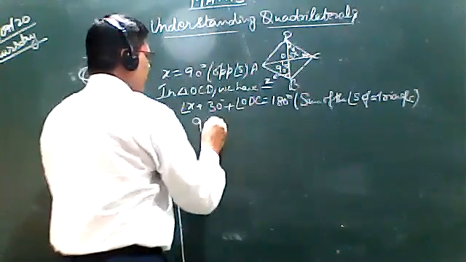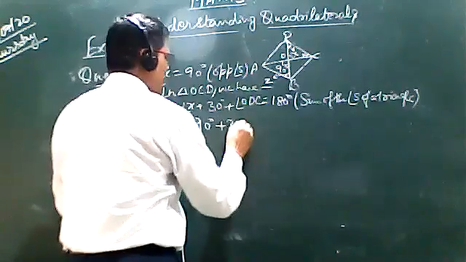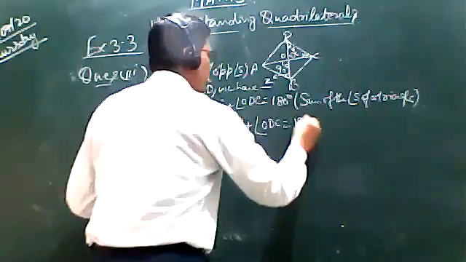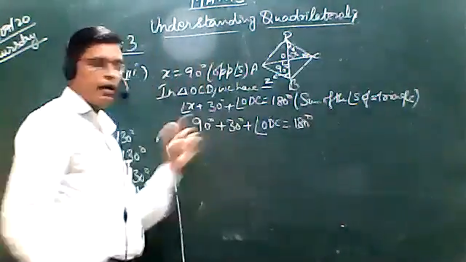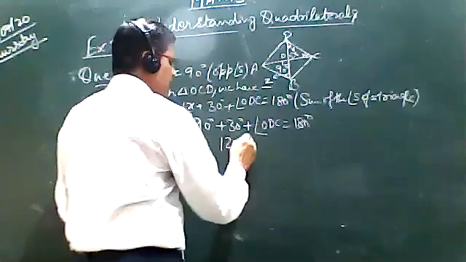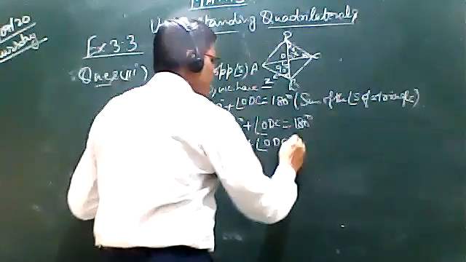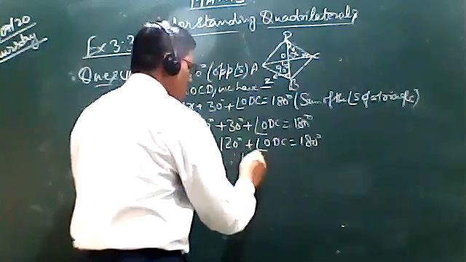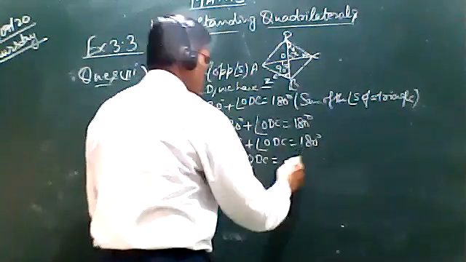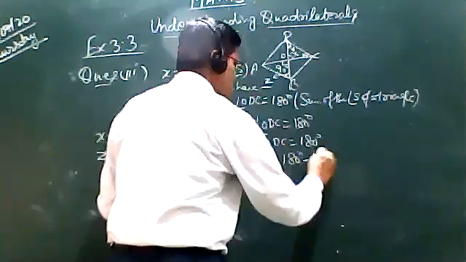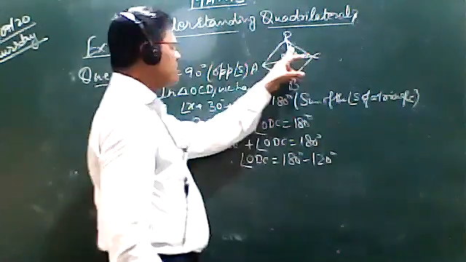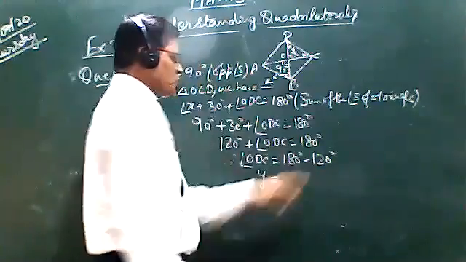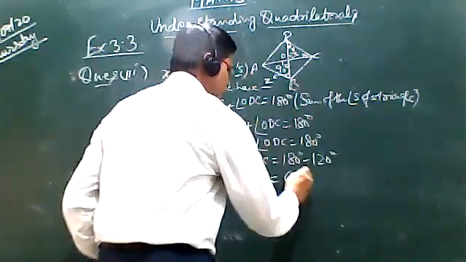We write here 90 degree plus 30 degree plus angle ODC is equal to 180 degree. 90 plus 30 comes 120 degree plus ODC equal 180, and therefore angle ODC is equal to 180 minus 120 degree, and ODC is my angle y. We write here y is equal to, you subtract, it comes 60 degree.